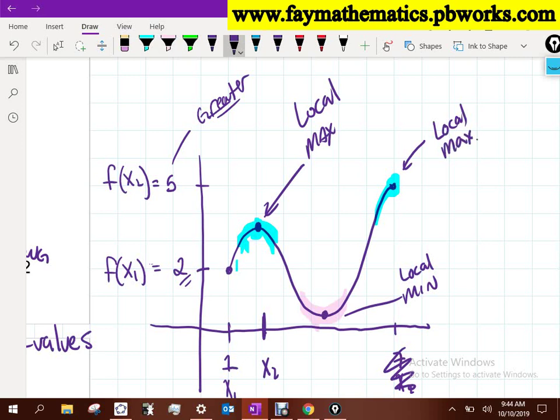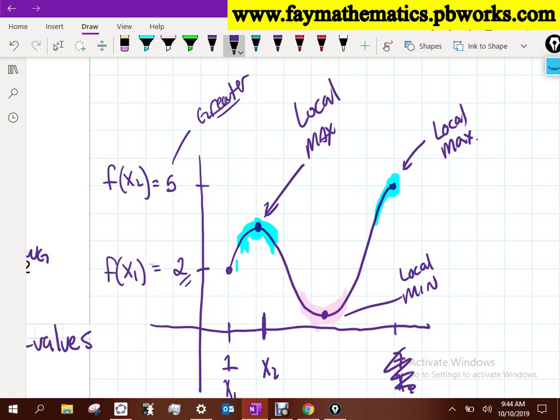Now, I'm going to readjust my thinking here a little bit. I've identified my maximums and minimums, and I'm just going to say they're local because they're the maximum for everything that's close to them. But let's look at that pink one. Is that the smallest y value on the entire graph? Yeah.